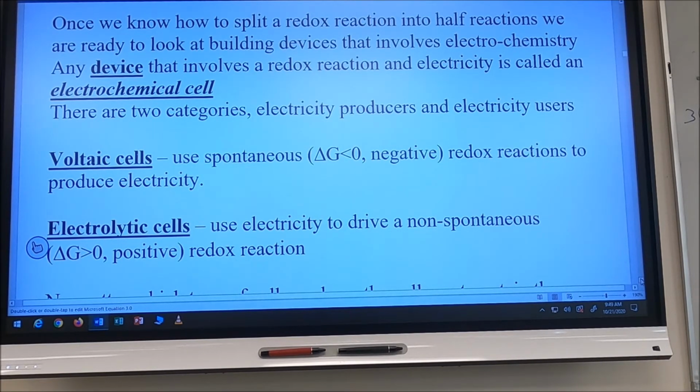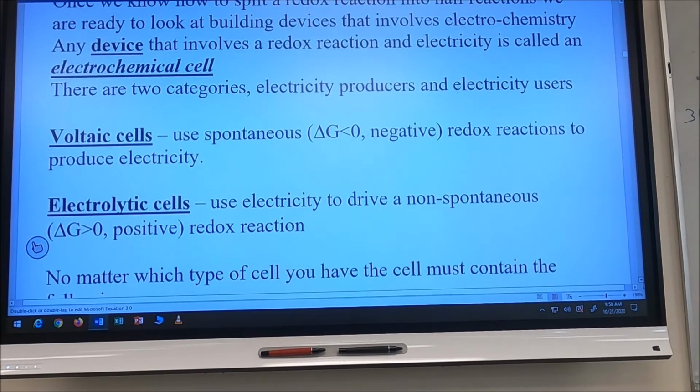A voltaic cell is a spontaneous redox reaction that produces electricity. Hint, delta G is going to be negative. In an electrolytic cell, you're using electricity to drive a non-spontaneous redox reaction, so delta G is going to be positive. Okay? So we have two kinds of cells: voltaic cells and electrolytic cells.